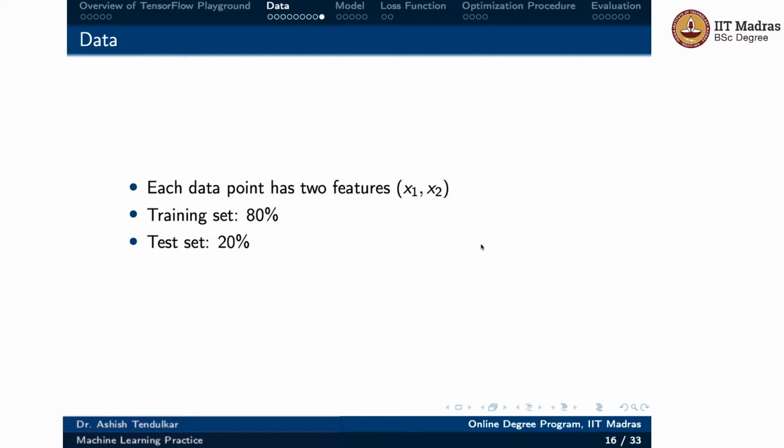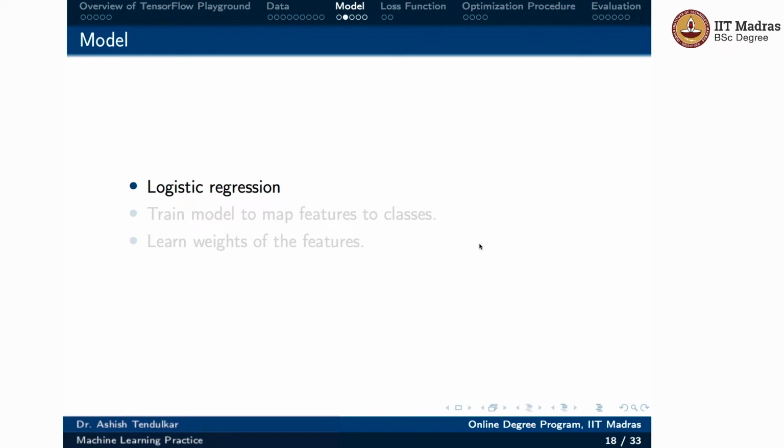x1 and x2. We will typically set 80% examples as training and 20% examples as test, which is a general way of distributing the training examples in machine learning. We will be using a classification model because we have two classes, or in other words, the labels are coming from a set containing two values, which is positive and negative.